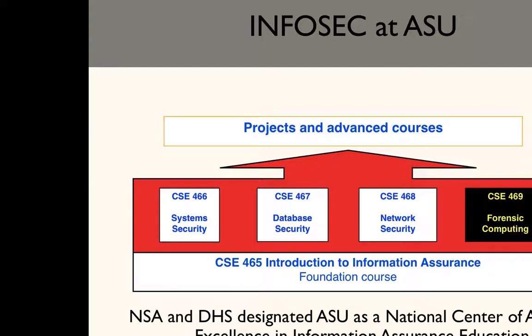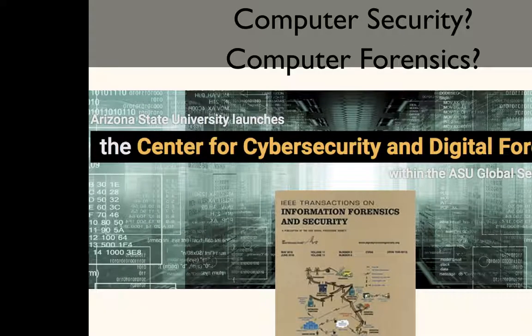Like I said, information assurance is like the background, and all other 4 classes can give you a sense of what real-world security and real-world forensics are about. Security and forensics, also including privacy, all come together. So here at ASU, we have a center called the Center for Cybersecurity and Digital Forensics.